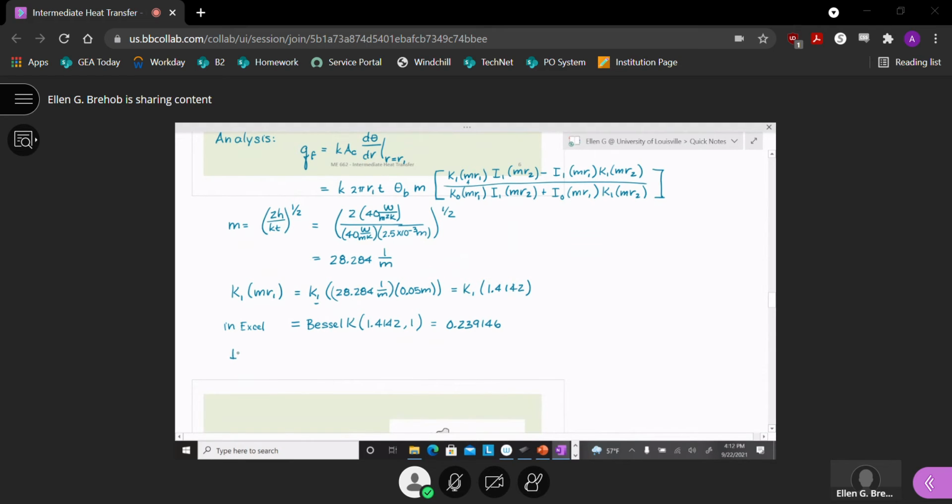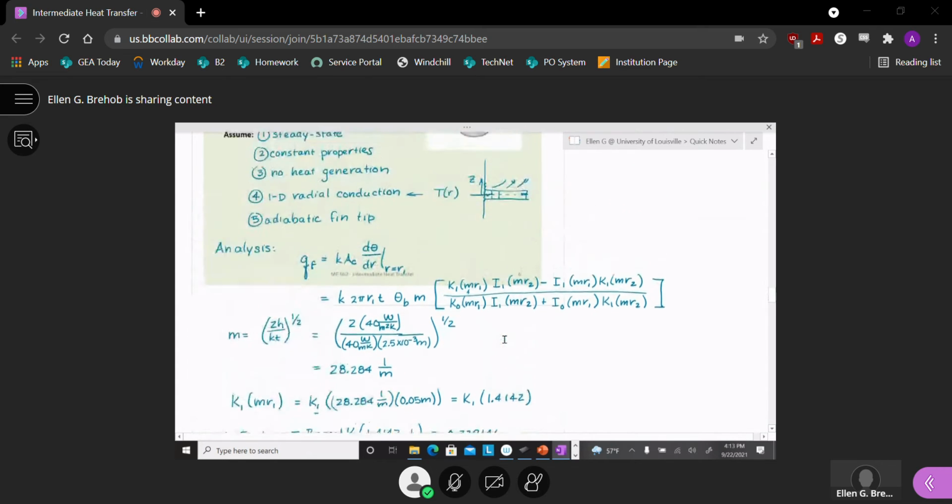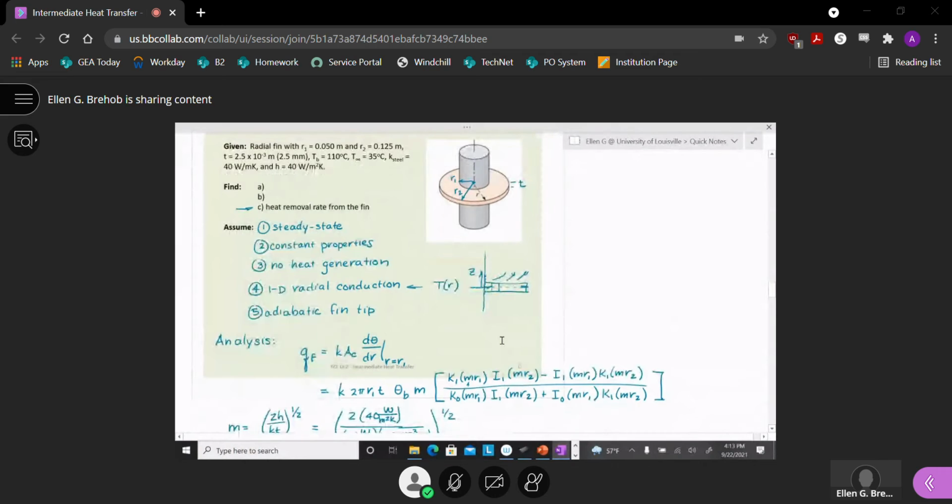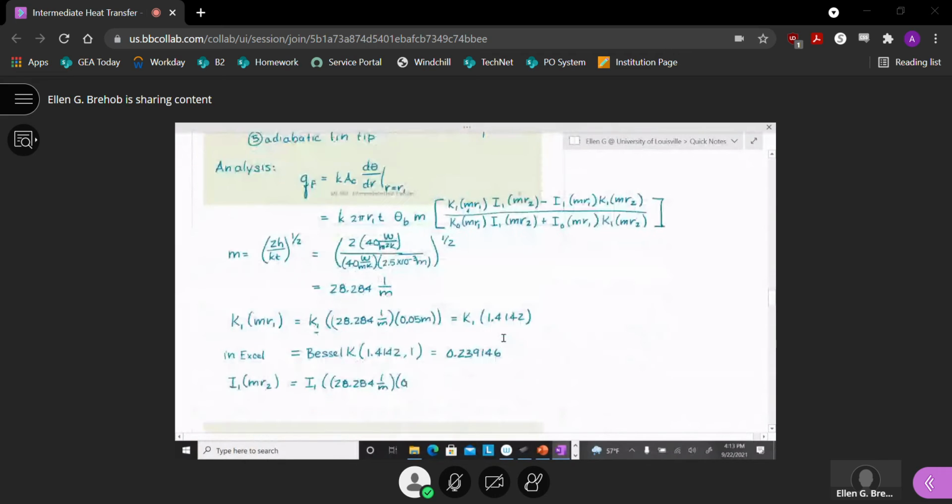So the next one over is I1 of MR2. All right, and we need 0.125.